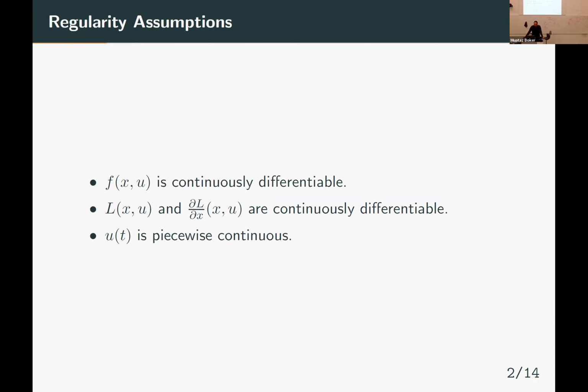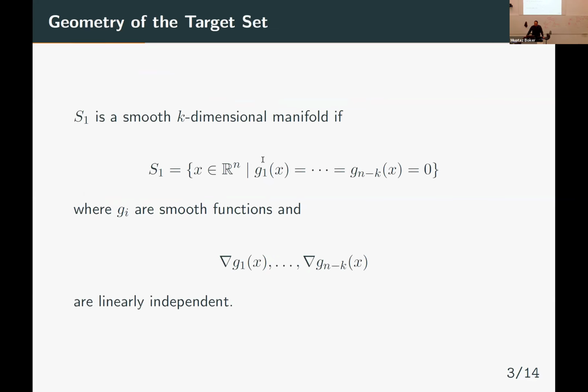Regularity assumptions are the same. f is continuously differentiable, and L and its derivative with respect to x are continuously differentiable, and u is piecewise continuous. So these are regularity assumptions that we make in all lectures. Now, S1 is a smooth k-dimensional manifold.